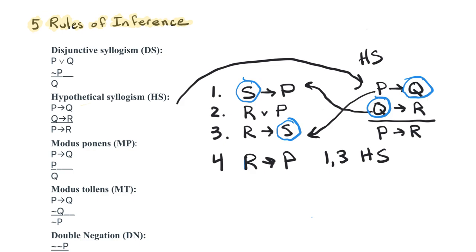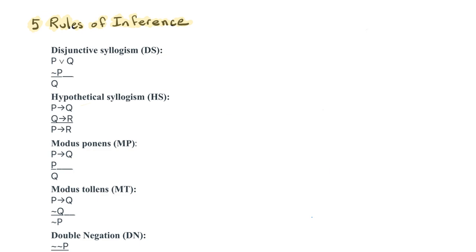So what that means is we need to become very familiar with how this form, the hypothetical syllogism, can show up among different claims. Remember, the validity of it has nothing to do with the order of the premises. It's that this form is valid. So even if we swapped these premises' places, it's still a hypothetical syllogism. It still has the same form, so what you can derive from that works the same way.